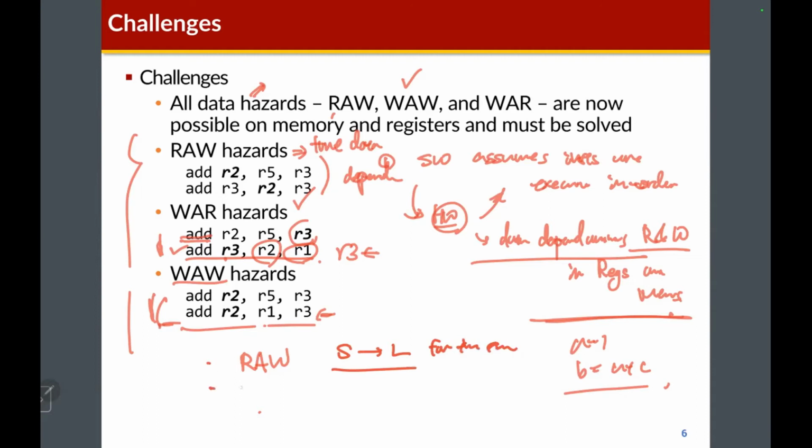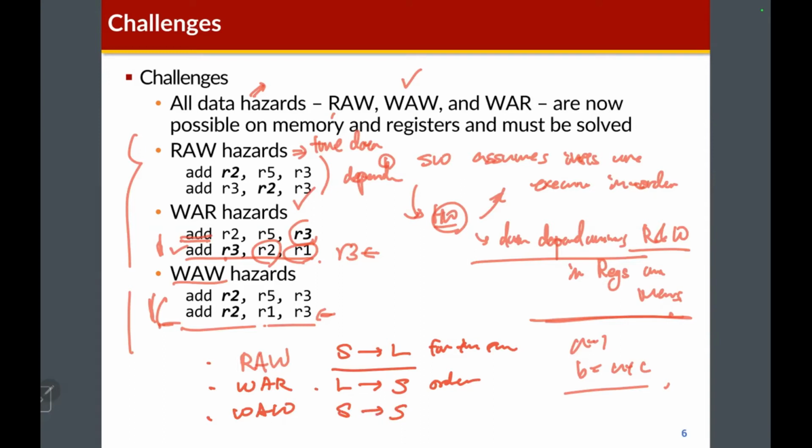And if we consider the WAR hazard, then we need to consider the load-to-store order, for the same address actually. So this order should be maintained inside of the processor. And how about the WAW? Store-to-store order should be maintained.